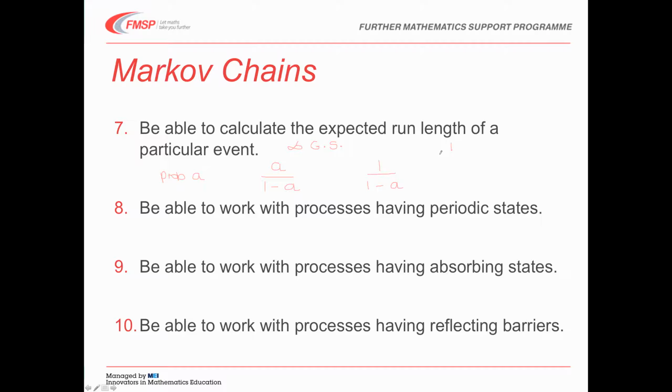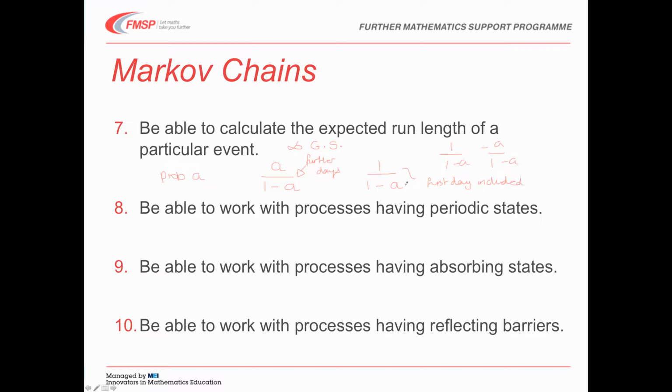So 1 over 1 minus A, and that's no coincidence. This is the one that you get for the number of further days. And this is the one that's one more than that, and that gives you the first day included.